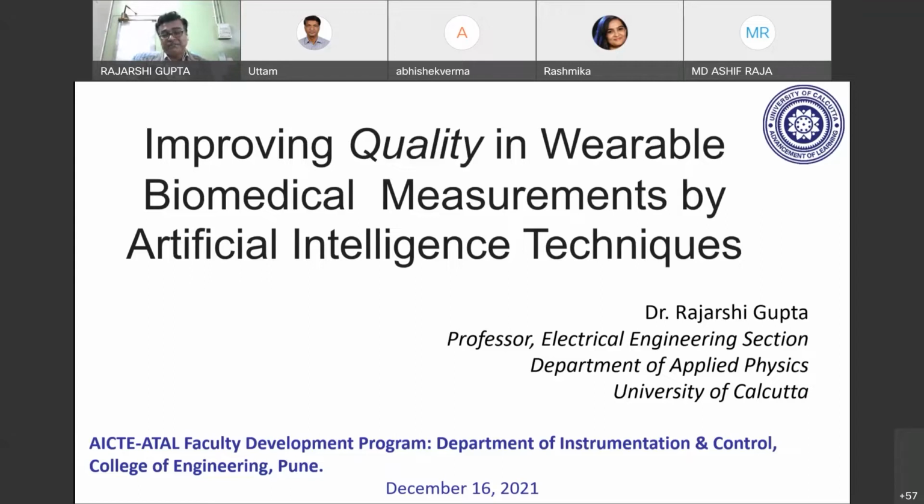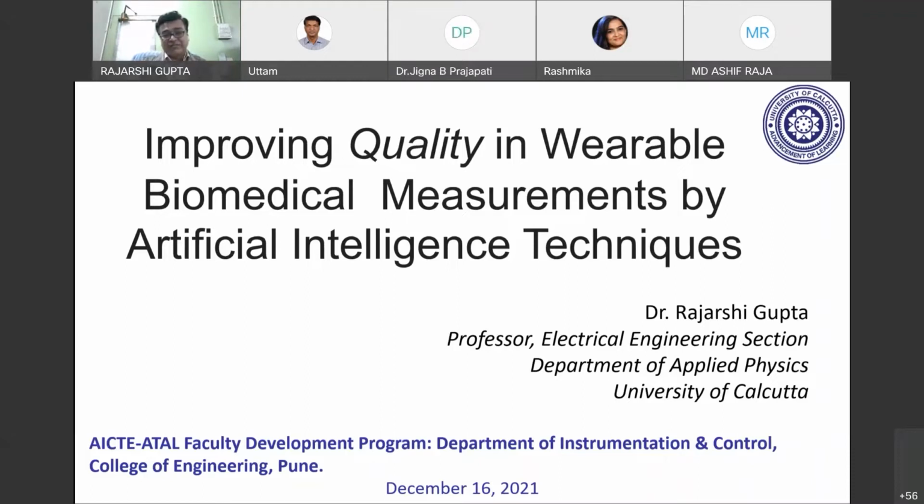So if these measurements are not worthy of processing, there is a risk of misdiagnosis, and whatever inference is taken by an automatic device, any software, or a human being like a physician will be erroneous. So for the last 6-7 years, there has been intensive research on this quality aspect.